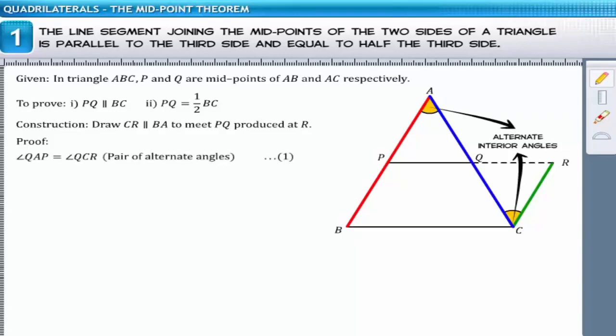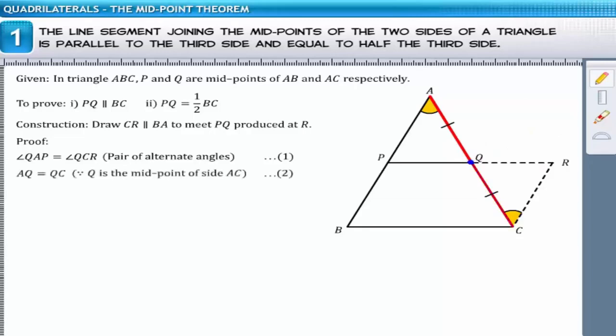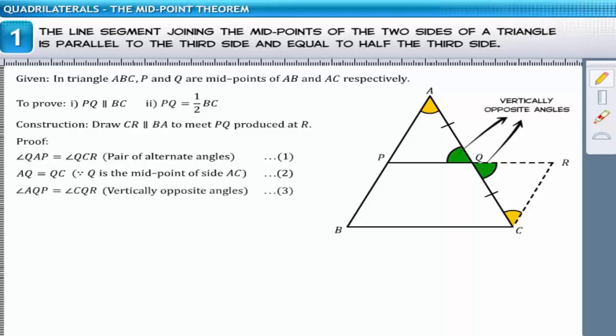Denote this as equation 1. Also, AQ is equal to QC, since Q is the midpoint of side AC. Also, angle AQP is equal to angle CQR, since they form a pair of vertically opposite angles.